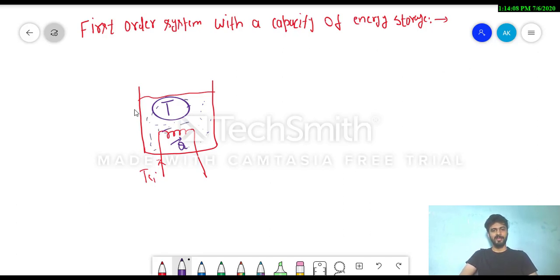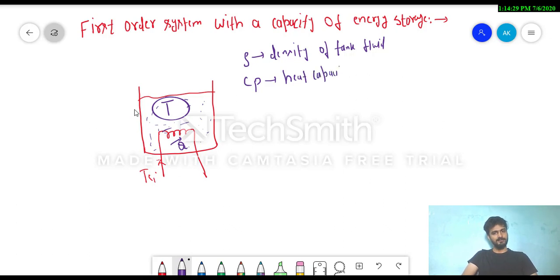then what will happen? Rho is the density of the tank fluid, Cp is the heat capacity, and V is the volume of the tank, which will be equal to the volume of the fluid placed in this particular container.